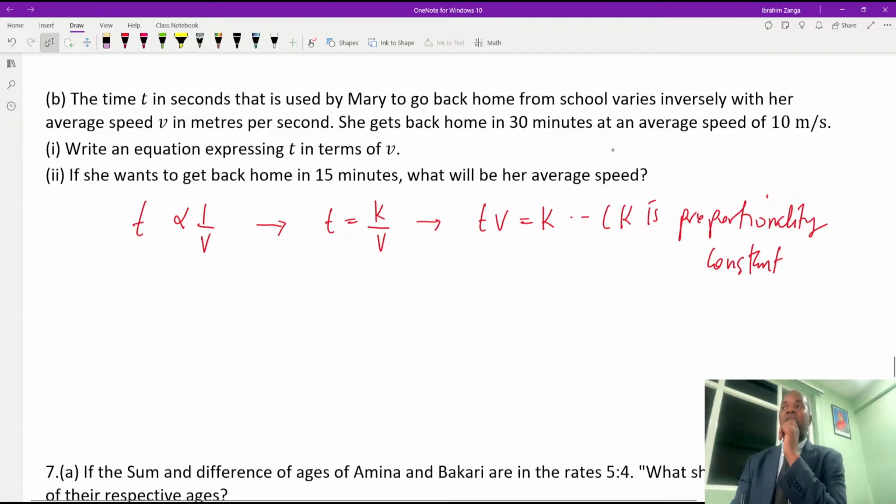So from here, we are going to start with initial conditions. When t equals 30 minutes, we were informed that the speed v was 10 meters per second.